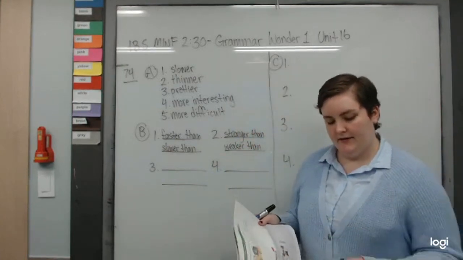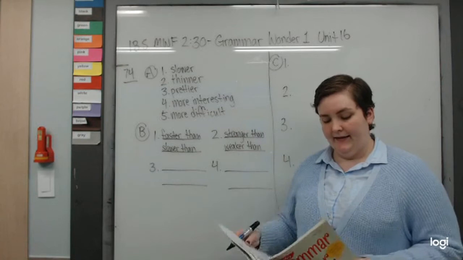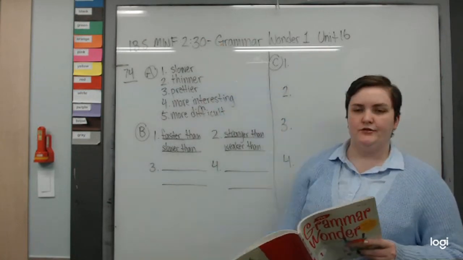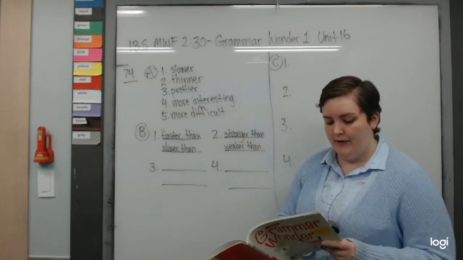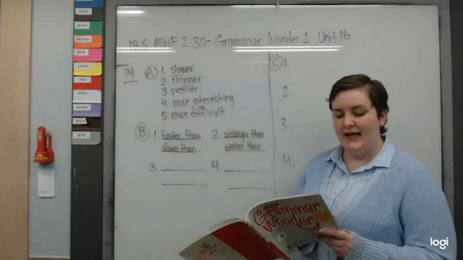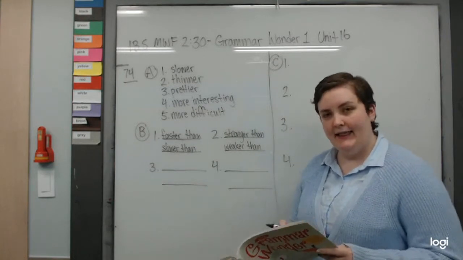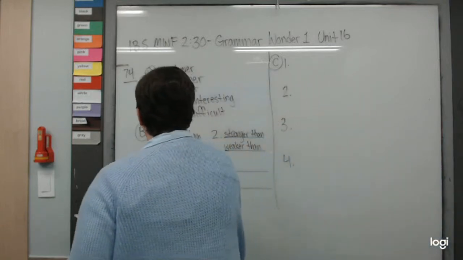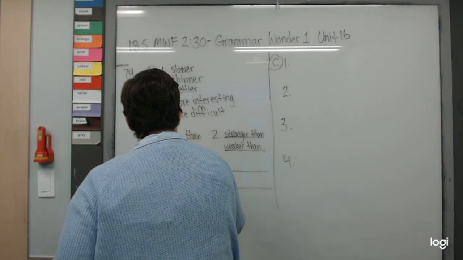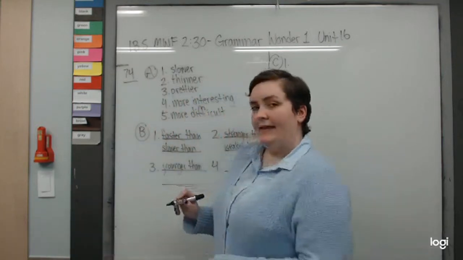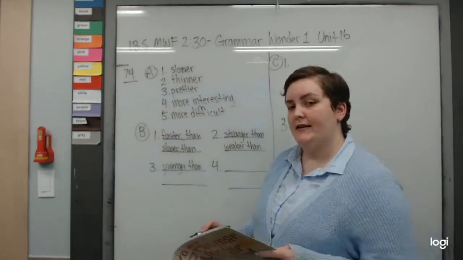Let's look at the girls in number 3. Alice is tall and Dora is small. So for age, we think Dora is younger than Alice. And Alice is older than Dora.